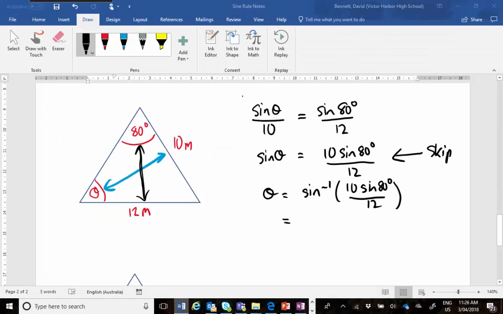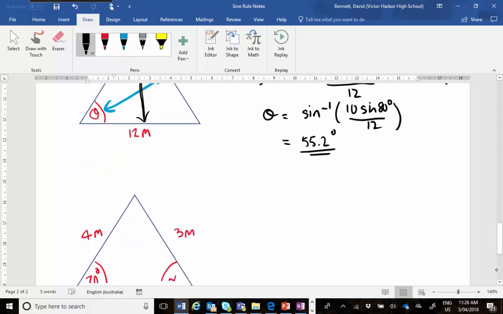That's good enough for me. Does that sound reasonable? Well, we know 12 should have the biggest angle, so we're looking for an angle less than 80 degrees, so that makes sense to me.